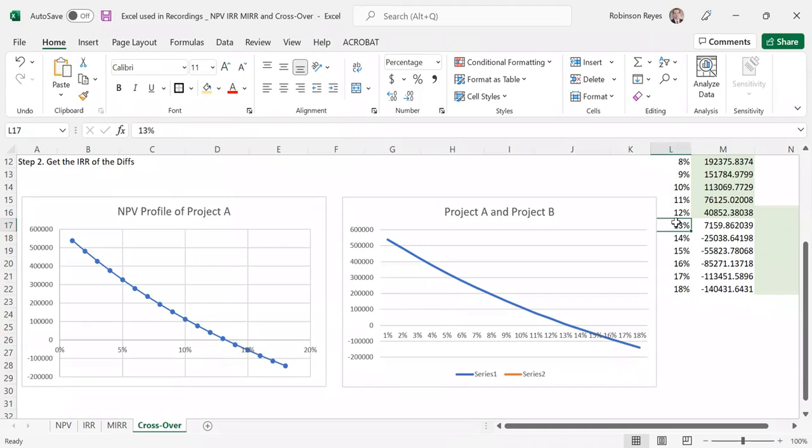Don't quote me on this. This is not an exact definition, but an intuitive way of thinking about this. And because the cost of funds is higher than your return, then you reject the project.